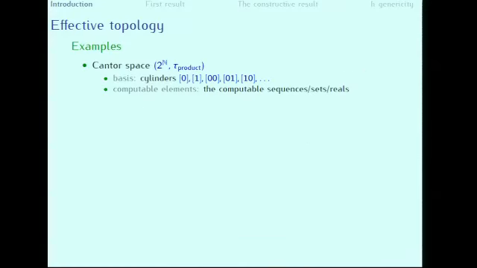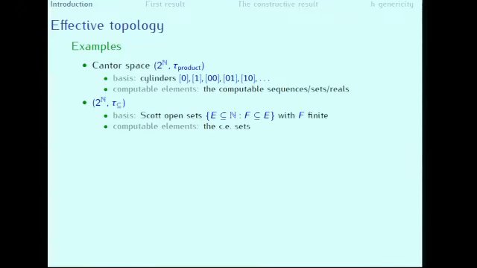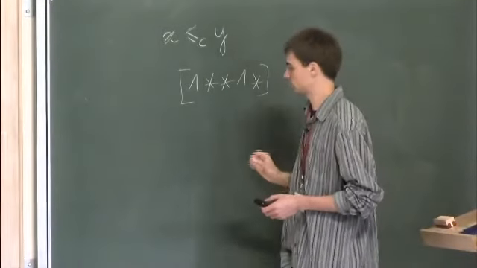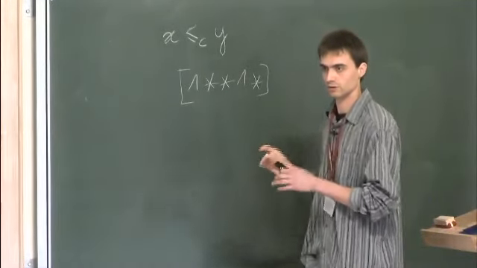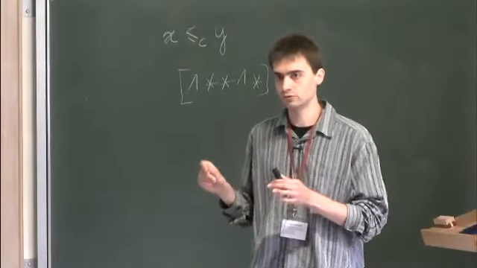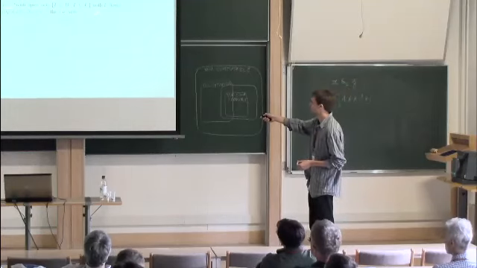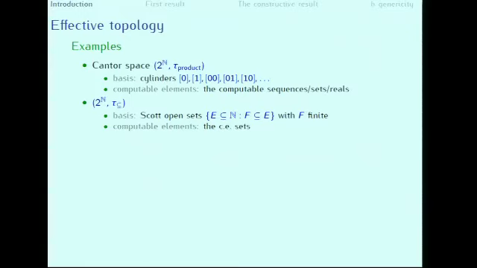So let's take some basic examples. There is the Cantor space that everybody knows. There is also the Cantor space where you change the topology, giving as a basis the cylinders with these symbols, which say that the sequence has a 1 here and you don't say anything there. So you never say explicitly where there are zeros, but only where there are ones. The computable elements in this space are the CE sets.